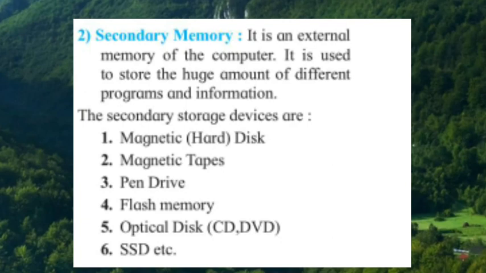Some examples: hard disk, magnetic tape, pen drive, flash memory, then optical disks, that is CD, DVD, and SSD. These are various secondary storage memory units, in which the user can store a large amount of data according to requirement.